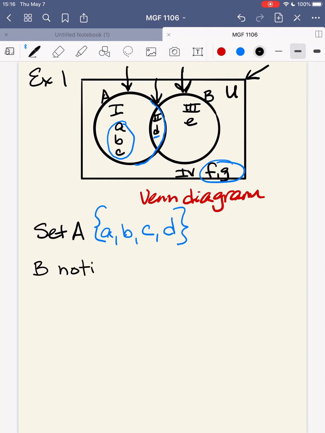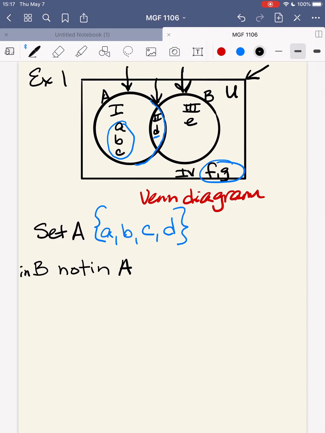Okay? Part B is the elements in B, not in A. So the sets in B that are not in A. Okay, so in B, not in A. Okay.